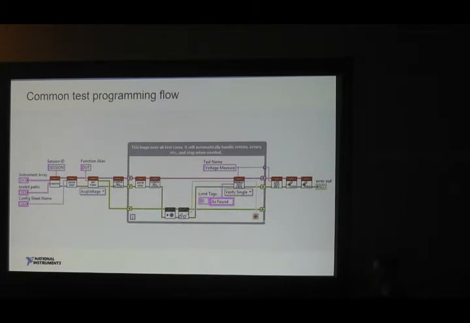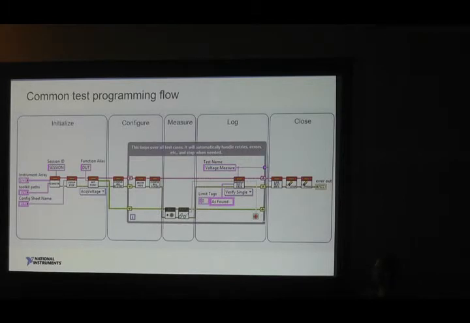When we looked at that problem, we did find that there actually was quite a bit of overlap between the groups. When we drew out what the DNA of those tests looks like, maybe a template here, in the typical test flow you see we go through initialization, configuration, measure, log, and close.